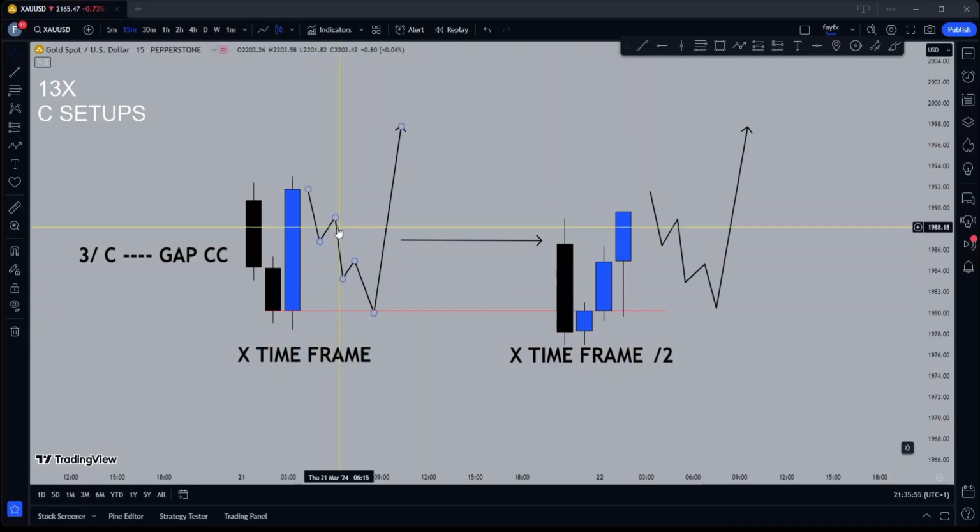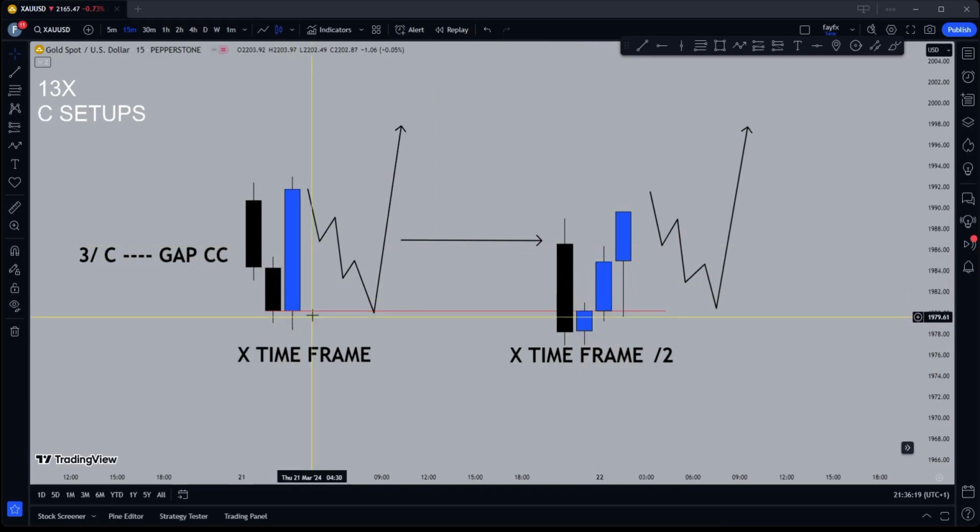Price tends to go down, visit this fresh level at X time frame, but it is not fresh, it is unfresh in the second time frame. The one time frame below the main time frame, we'll find a gap CC, a gap that is not fresh.